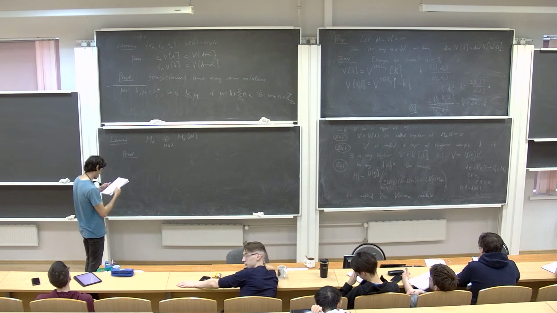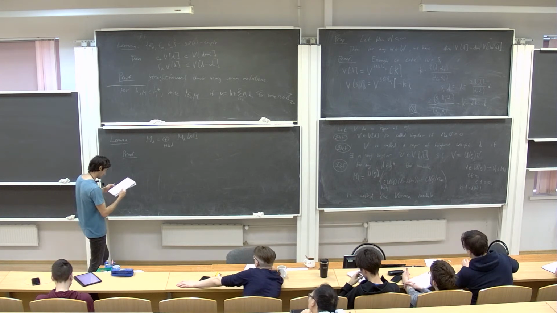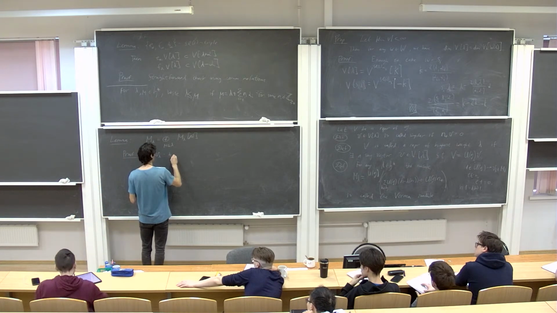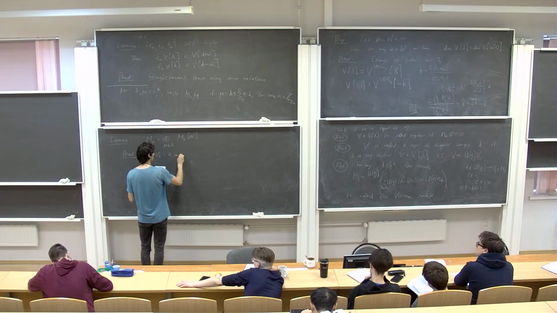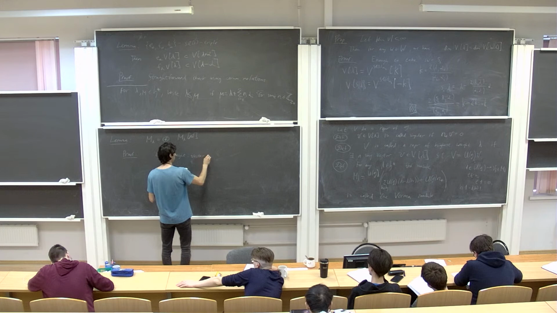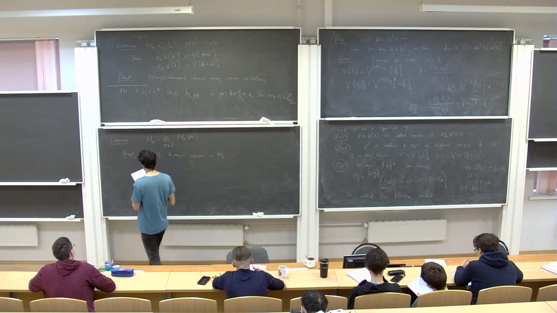Right. How to prove that? So let V lambda be the highest weight vector in M lambda. It's an image of 1, right?